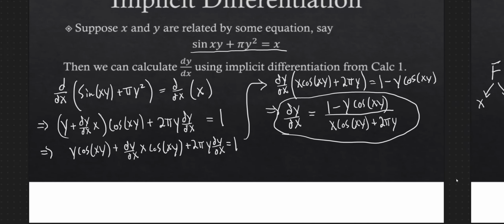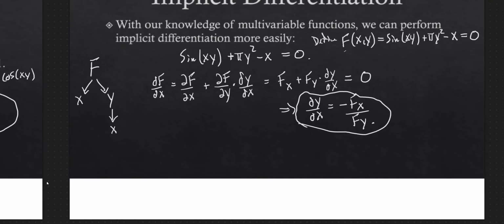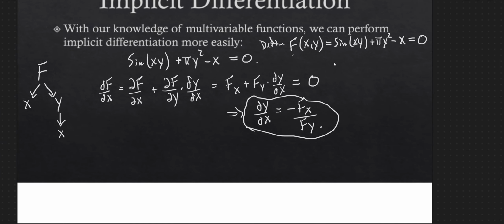So let's see if we can recover that formula. So there's my f. Remember, you've got to bring everything over to one side to define your f, and then this formula will work out, right? You need it all to be equal to 0. That's how this works. So let's find fx, the derivative with respect to x. Well, that'll be what, y?